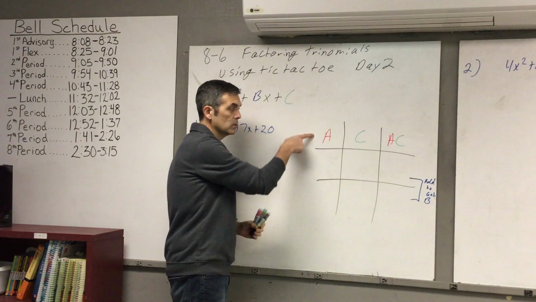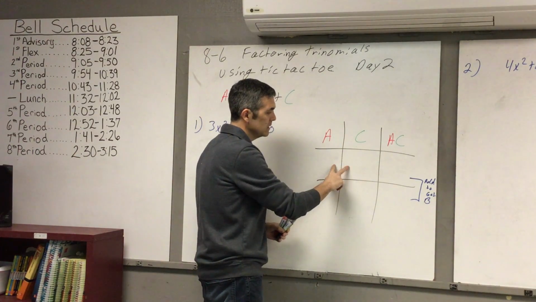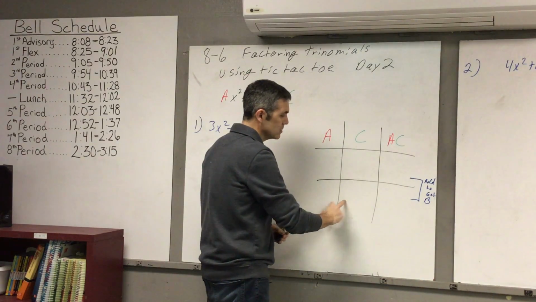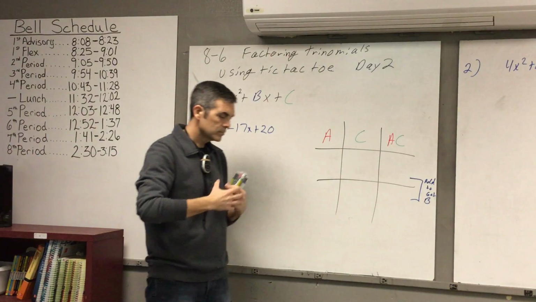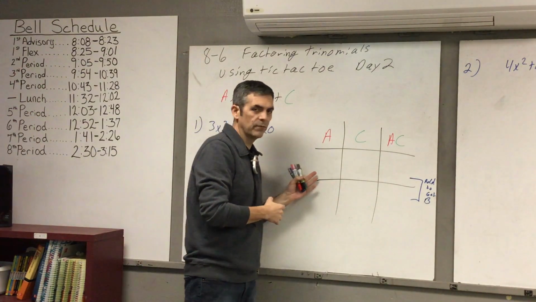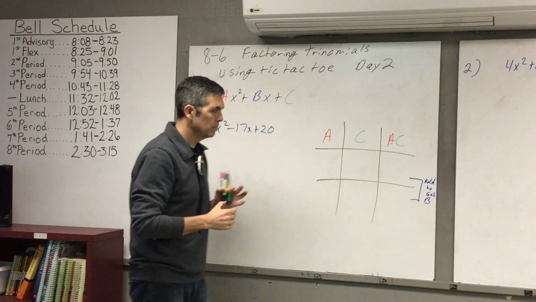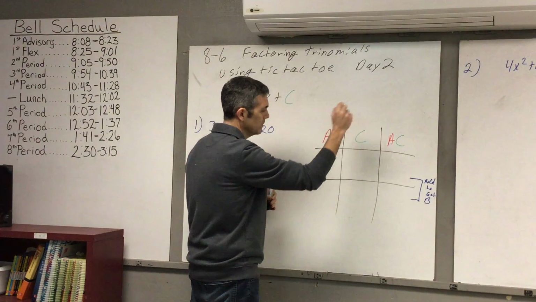These two numbers will multiply to get this number, and these two will multiply to get this one. That seems like a lot, but as you get into this, it really is a very useful tool, okay? So again, A goes here, C goes here, multiply them together to get this.